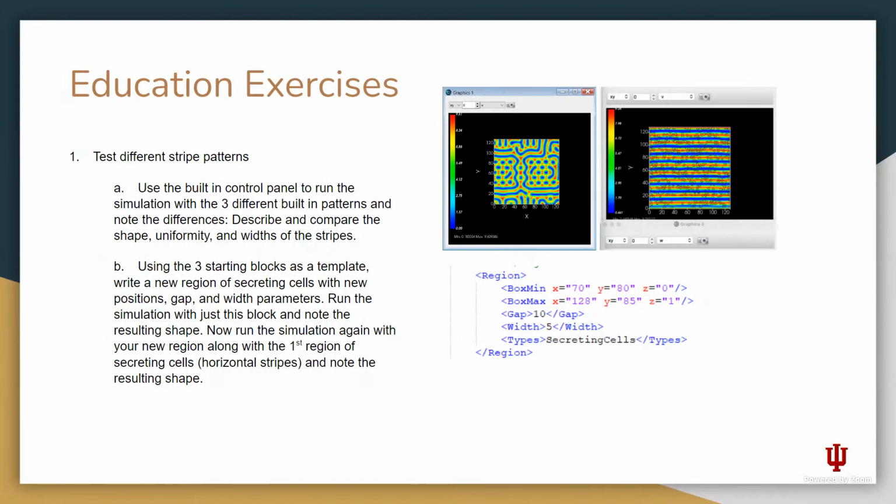Because it is of a larger scale, the patterns are harder to see, but in principle, it is the same effect. So this is just exploring creating different shapes, seeing what you can do with that.